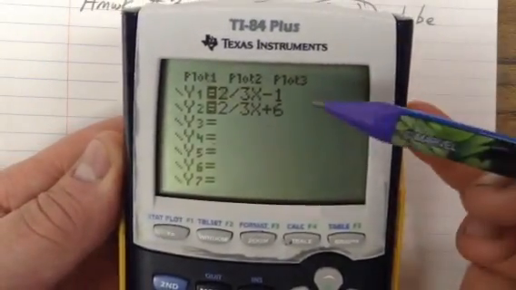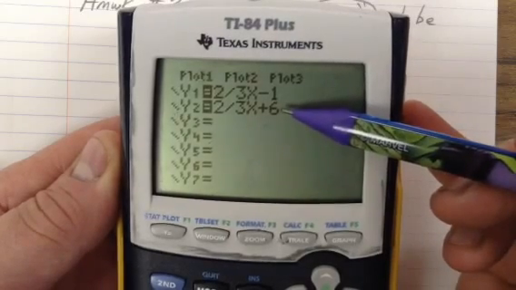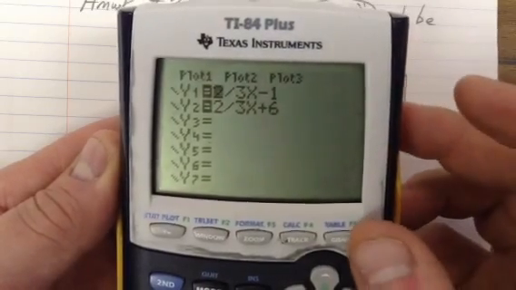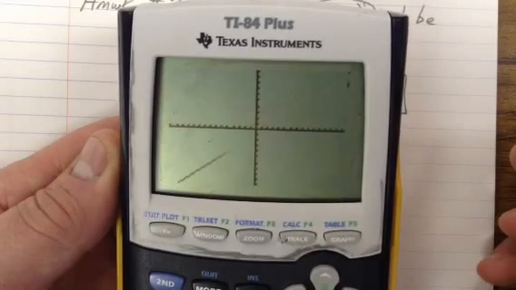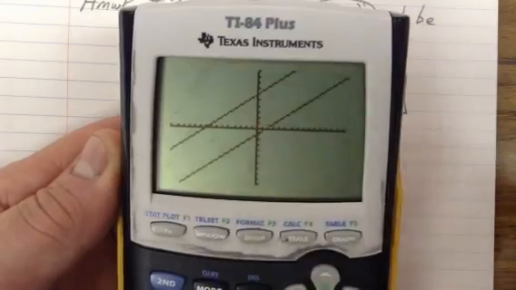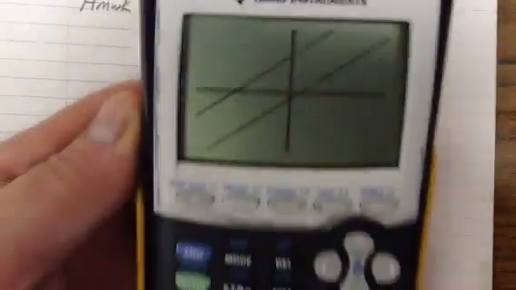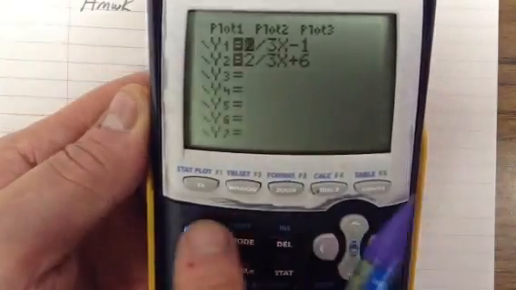So this is the original equation, solved for y, and this is the one I just put together. If I hit graph, or do a quick check, are they going to be parallel? Well, there's one, and there's the other. Look like a pair of railroad tracks. They're not going to cross each other. There we go. But how do I know that it goes through negative 3, 4? Well, go to your table.